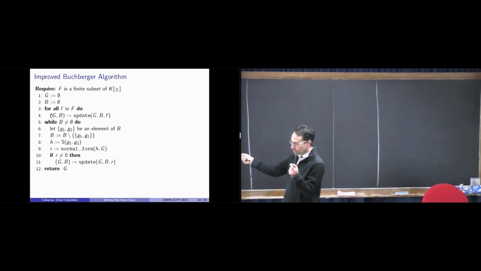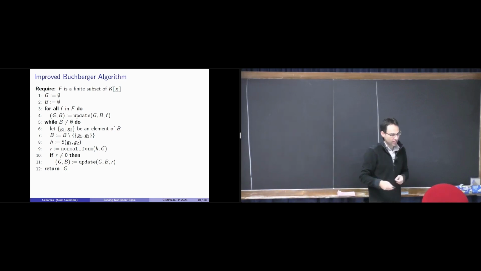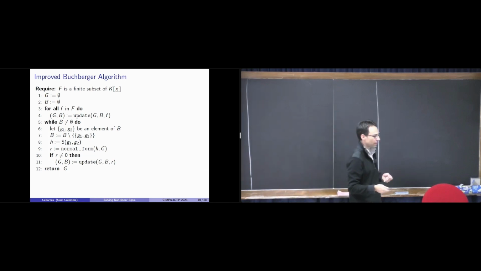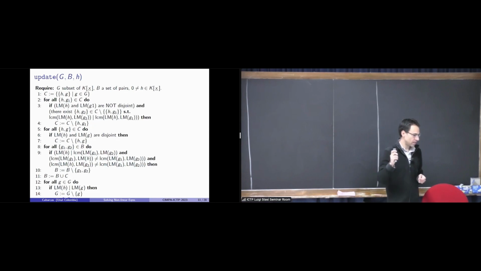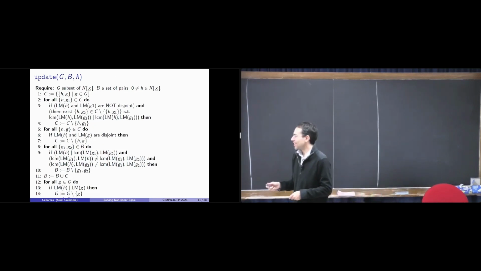It's going to make sure that it avoids redundant pairs, pairs that we know are redundant for the module of syzygies because they are linearly dependent. It's going to do that at the beginning, and also every time we find a non-zero remainder, that is, a new element for the basis of polynomials. Now, what does the update function look like? It's complicated.